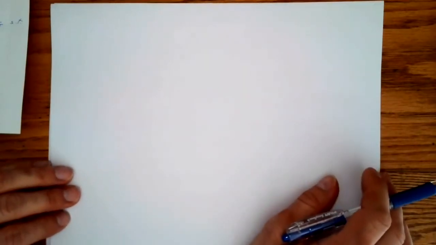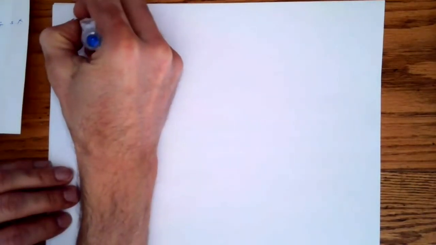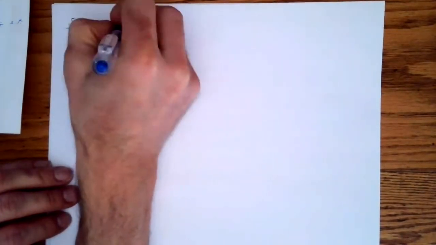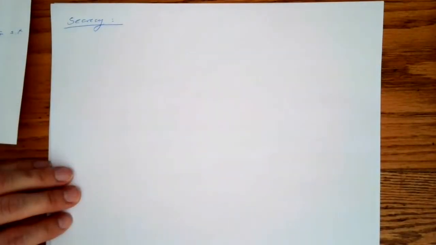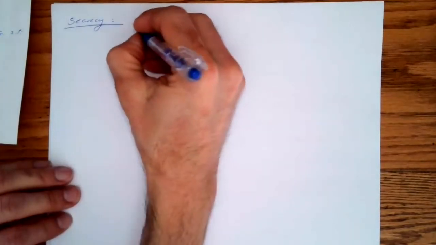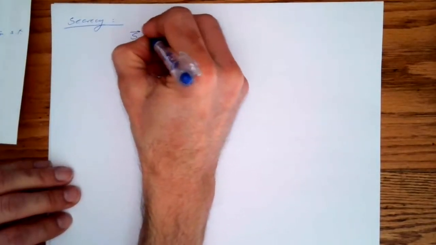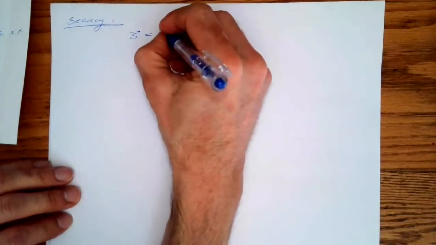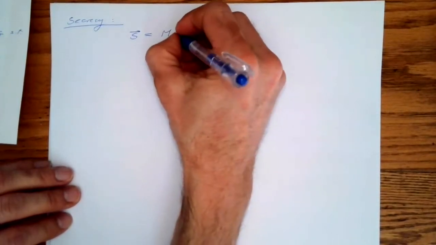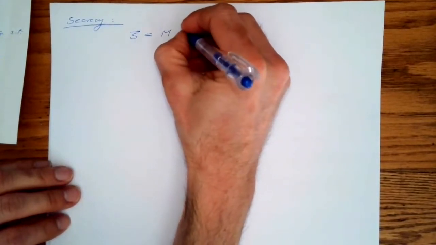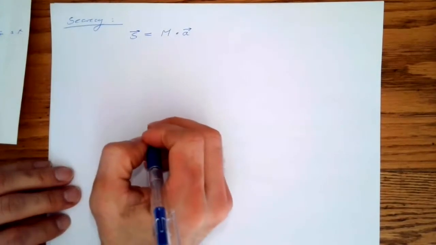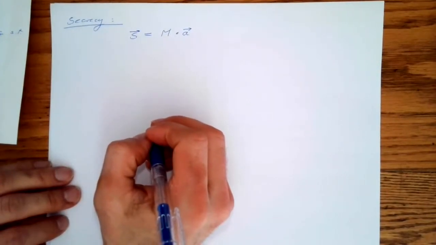Now, secrecy. So this was reconstruction so far, and now secrecy. The set of shares is this matrix M times the set of coefficients.